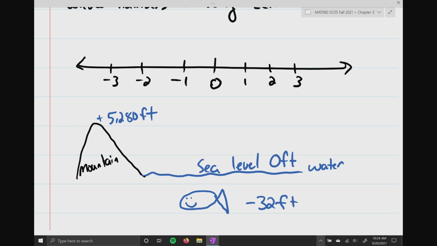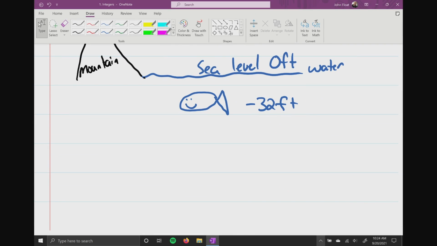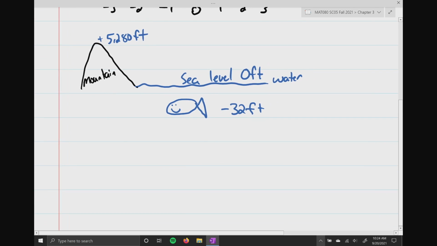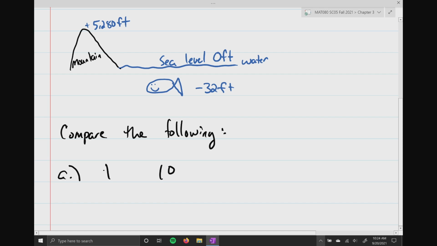Okay? Now, we can easily compare numbers. So for example, I think we can all agree that if I'm comparing 1 and 10, 1 is smaller than 10.